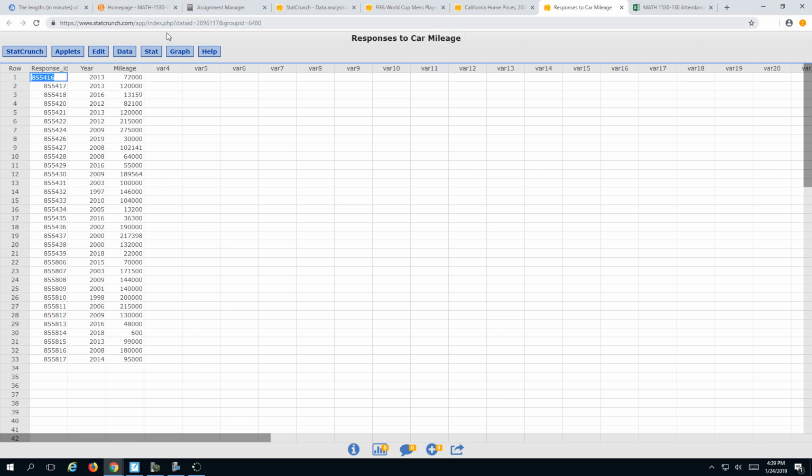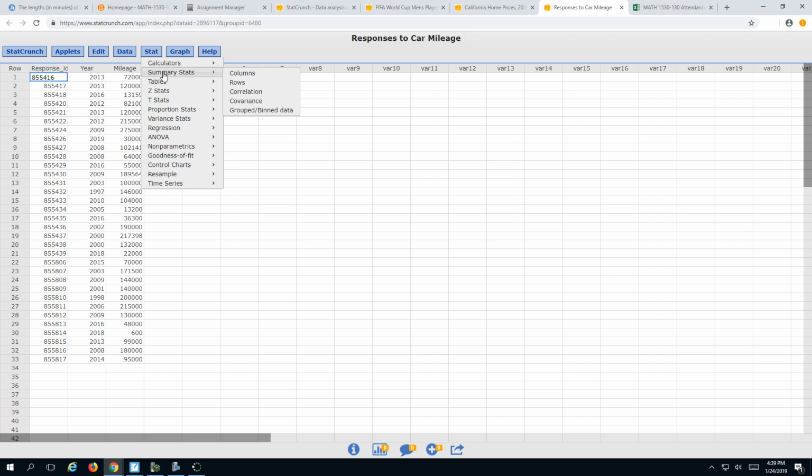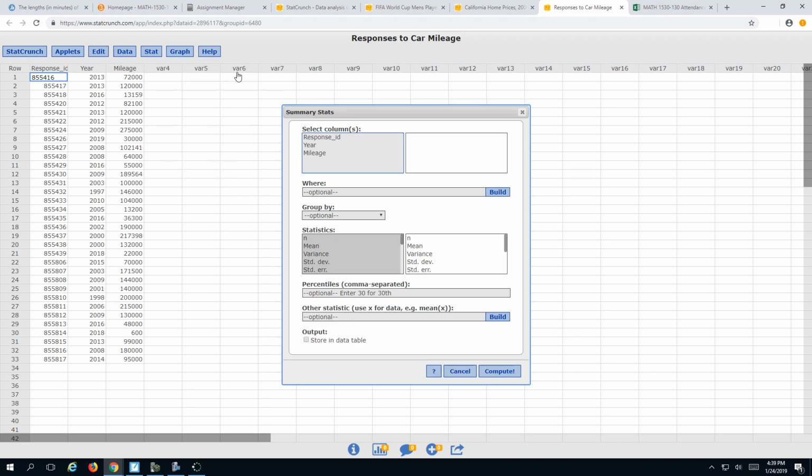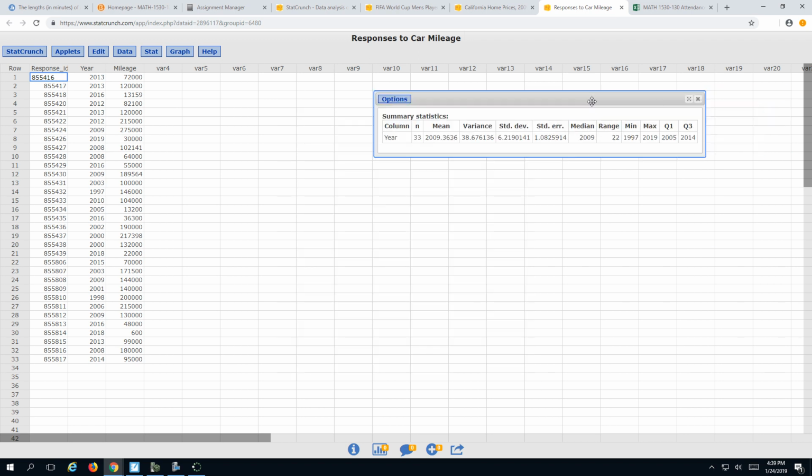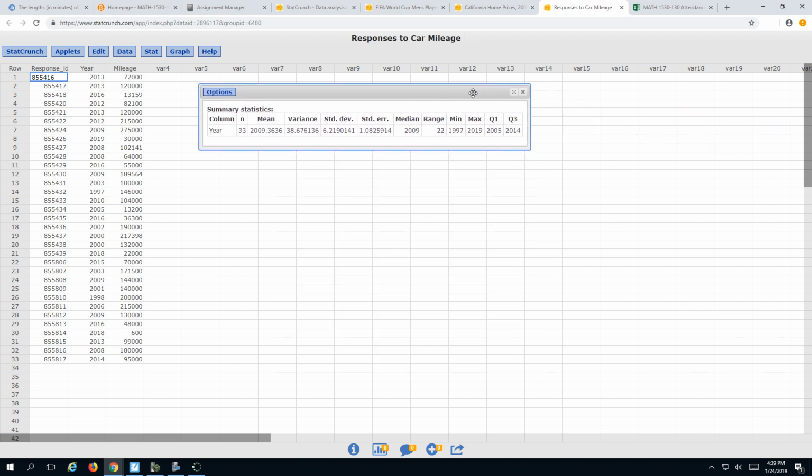So stat menu, summary stats, columns. So stat menu, summary stats, columns. I'm going to pick year. I'm just going to choose the default. So I'll let it pick the default values here.